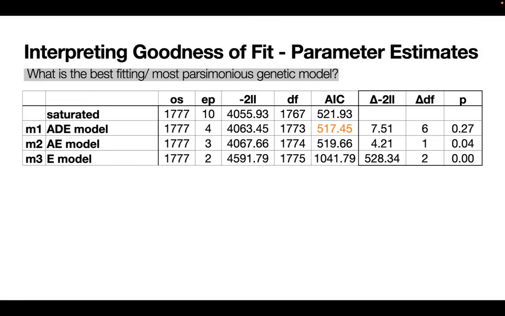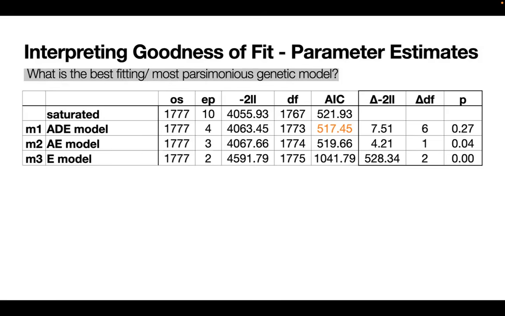And you see here that when we take the difference between the likelihoods of these two models, we get a value of 7.5 for 6 degrees of freedom, with an associated p-value of 0.27, which is clearly indicating that this ADE model does not fit the data significantly worse than our saturated model, and so we have an acceptable model fit.